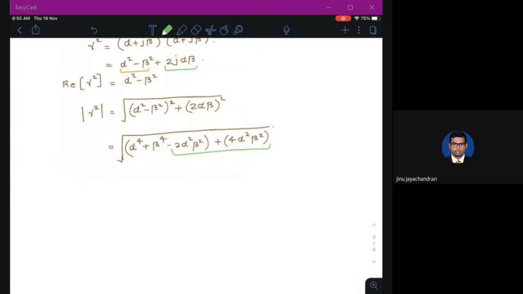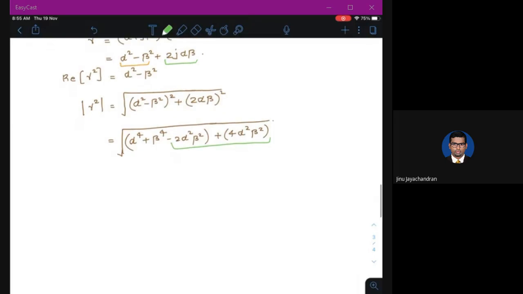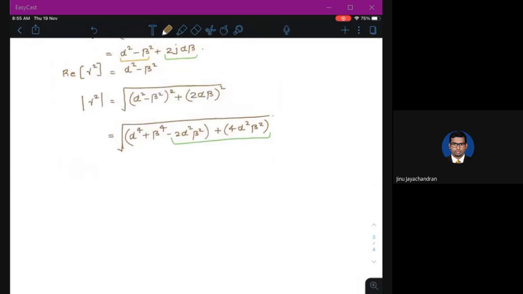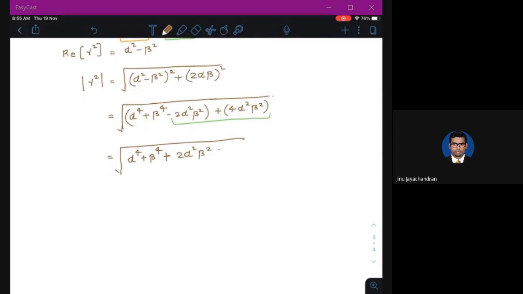Both are alpha square beta square, so I can combine them and write this as square root of alpha raised to 4 plus beta raised to 4 plus 2 alpha square beta square. This expression is actually alpha square plus beta square the whole square.